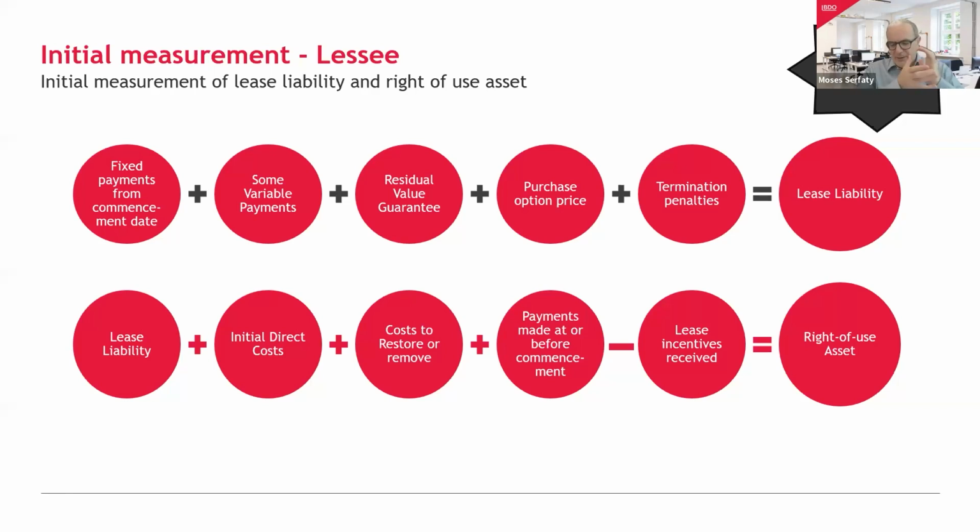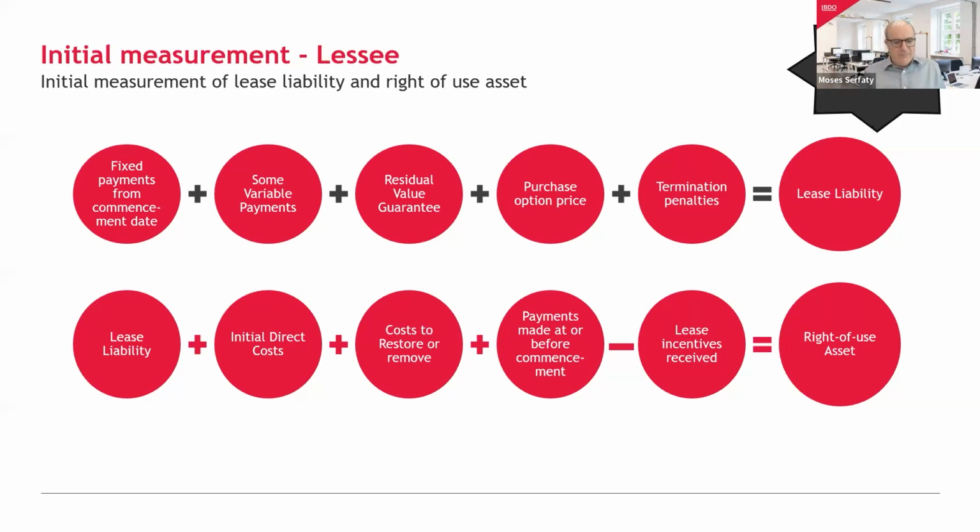But the new definition focuses on it being a cost of the lessee. If it is not a cost of the lessee, then it would be unlikely to meet the definition of a lease incentive. So some judgment may be required, and again, something that you may not have thought about too closely before, but now you might need to, because it will affect the numbers on your balance sheet.